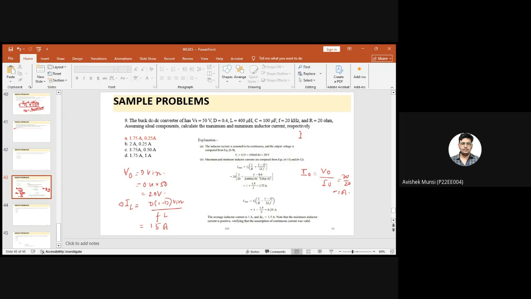So my I max will be I0 plus delta IL by 2, and IL minimum will be I0 minus delta IL by 2. So 1.75 and 0.25 are the correct answers. You can also solve it by putting in the formula directly. Okay.